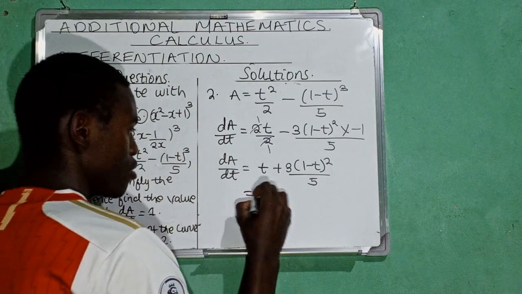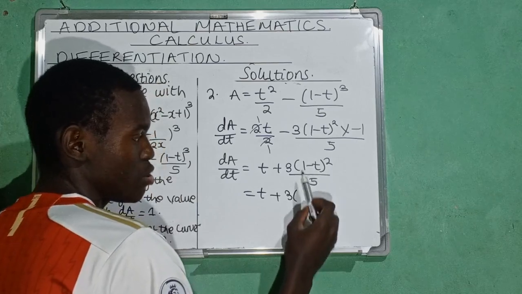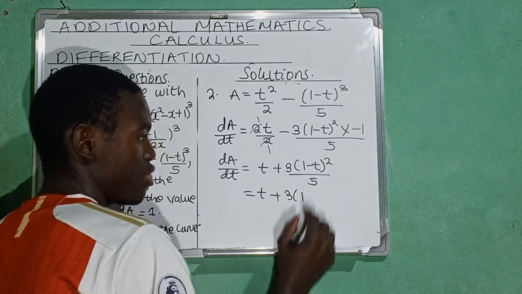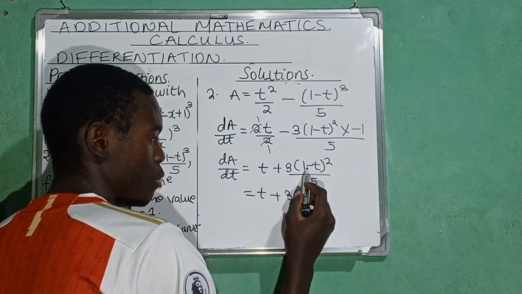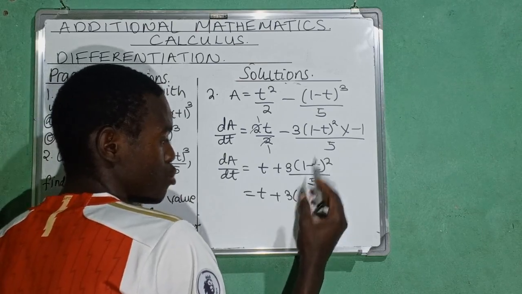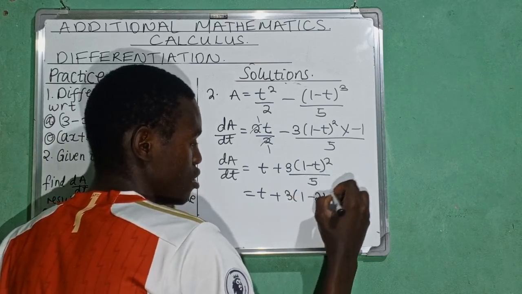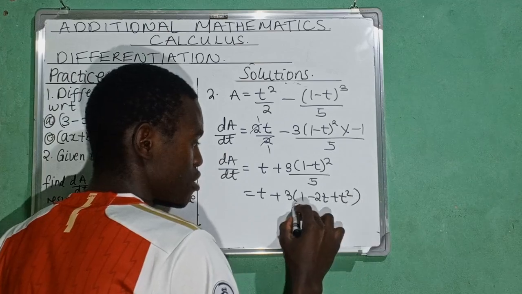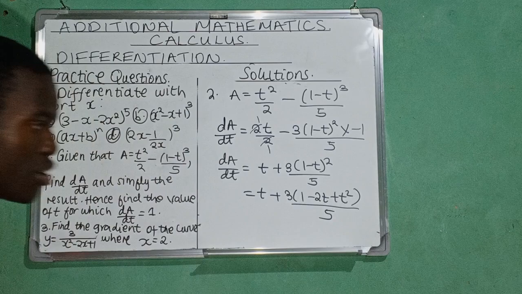We're going to say this is equal to t plus 3 multiplied by, expanding this, there's a special way you can expand it. We'll say 1 squared is 1, and then 1 multiplied by negative t is negative t, and then negative t times 2 will be negative 2t, then negative t squared is going to be plus t squared, and everything here is being divided by 5.